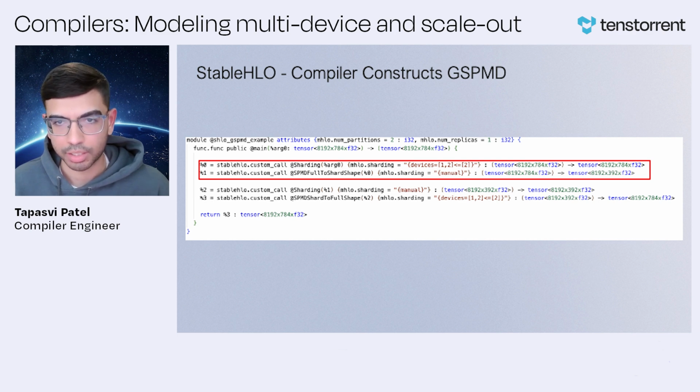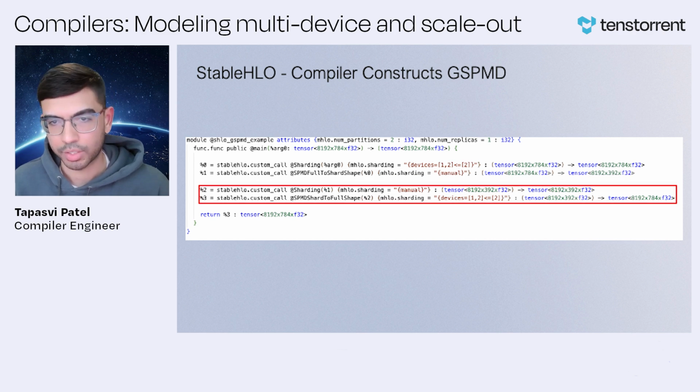They're going to split the second dimension, as represented here, across the 2 devices. So effectively, you're going to get a split tensor dimension of 8192 by 392. And on the flip side, you are going to compose these together. So in this situation, we're going from shard to full. We have this tensor shape, and that's going to be combined together into the original tensor shape that we had.